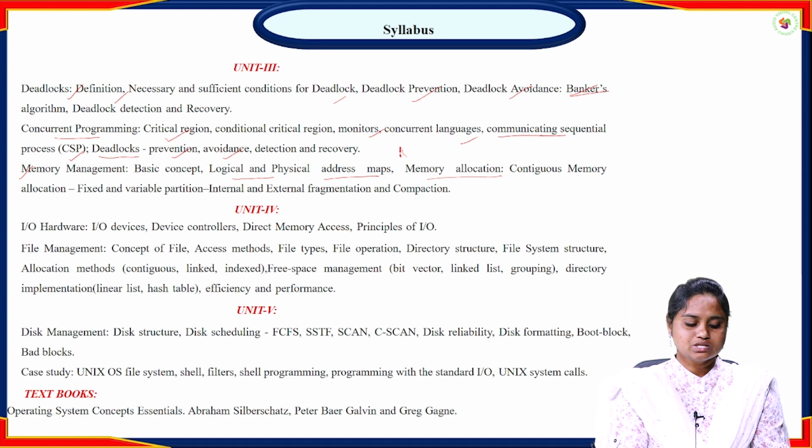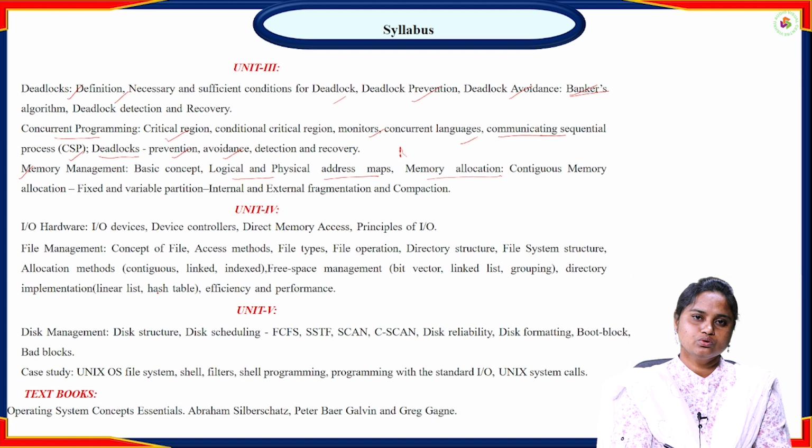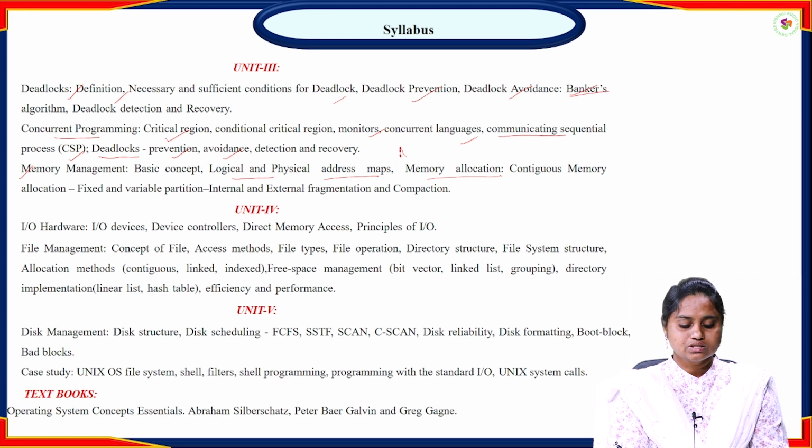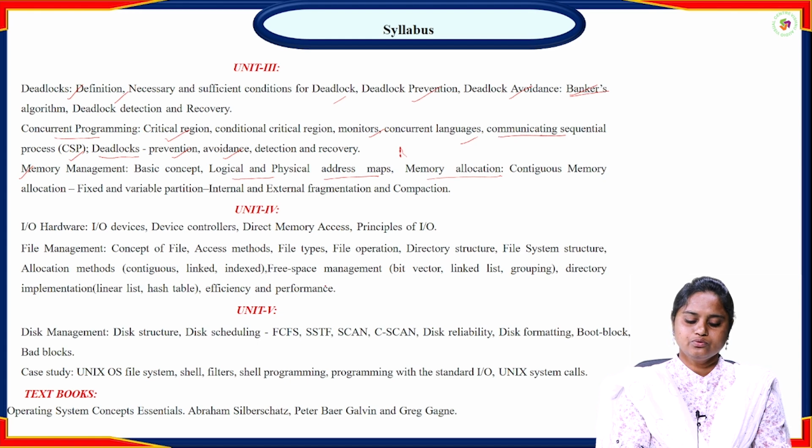And file system structures, allocation methods. We have three kinds of allocation methods in this unit: contiguous memory allocation, linked allocation, and indexed allocation. These are allocation methods for each and every process and each and every user. We are going to allocate some storage here. Then free space management.